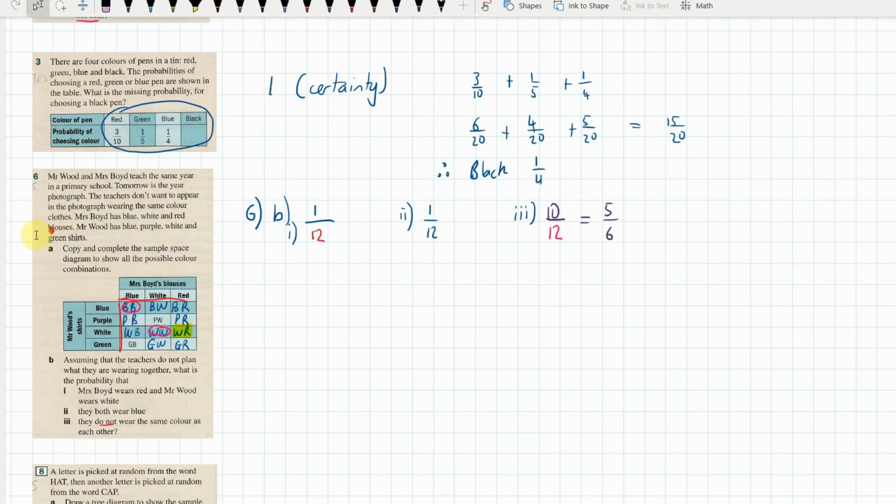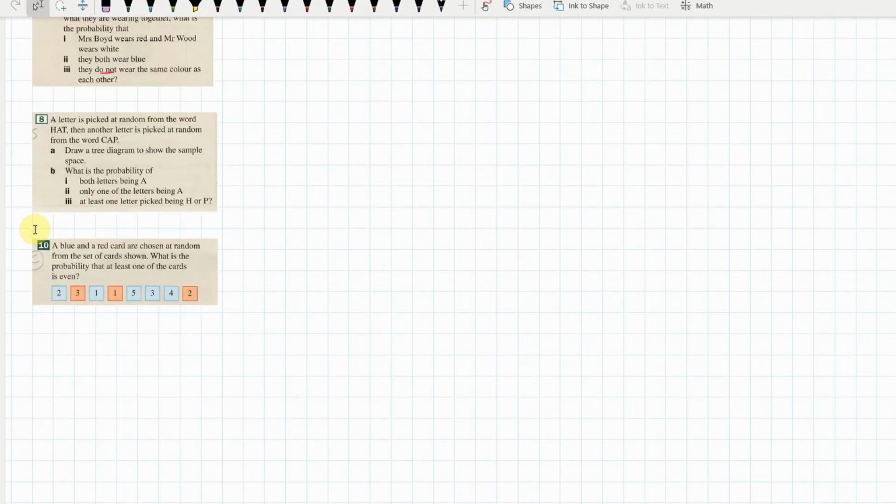Okay, let's move on. A couple more questions here. Number 8, what are we trying to do here? Picking a letter at random. Okay, now I'm going to be naughty and I'm not going to draw a tree diagram, because I think it would be much wiser for us to draw a sample space diagram.